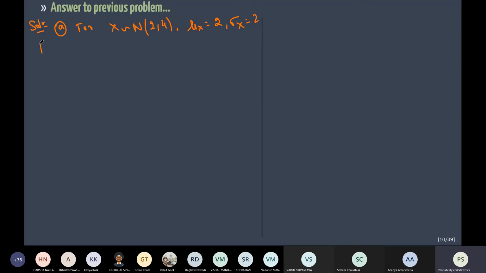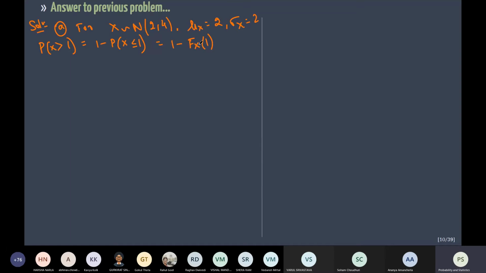And the probability that x is greater than 1 is the same thing as 1 minus the probability that x is less than or equal to 1. Now I can substitute this by the CDF, F x of 1.